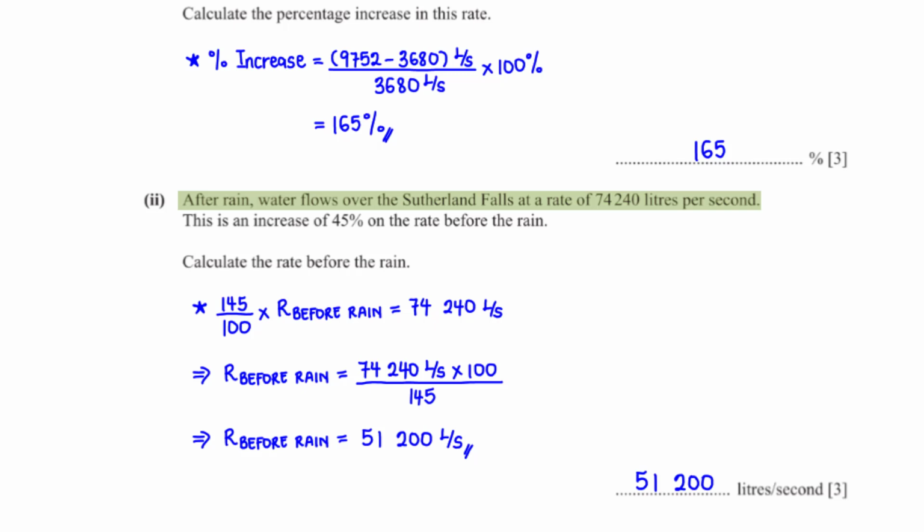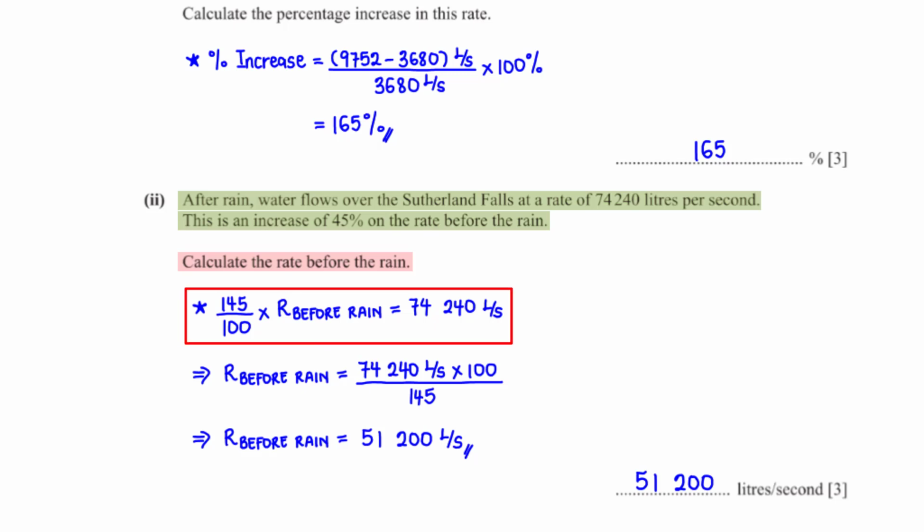After rain, water flows over the Sutherland Falls at a rate of 74,240 liters per second. This is an increase of 45% on the rate before the rain. Calculate the rate before the rain. Since there is a 45% increase on the flow rate before the rain, we add 45% to 100%, which is 145%.